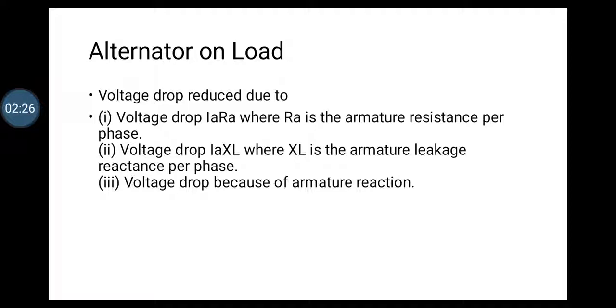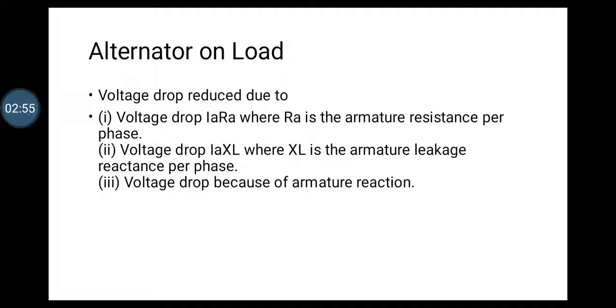The third one, as we discussed in the previous video, is the armature reaction. The armature reaction provides cross magnetizing, demagnetizing and magnetizing effects based on the power factor. Generally the loads are inductive in nature, so in most cases we don't use capacitive loads. So generally inductive or resistive loads.